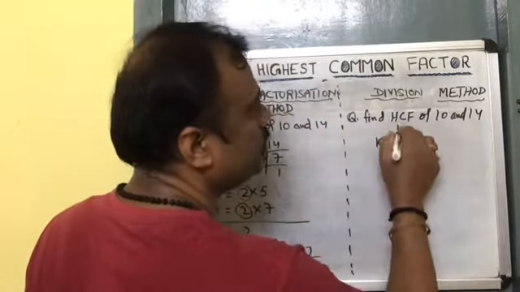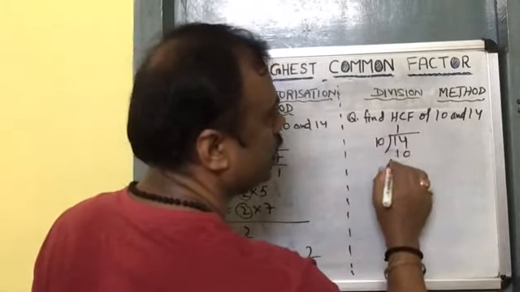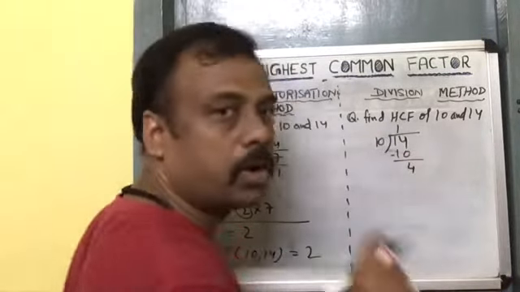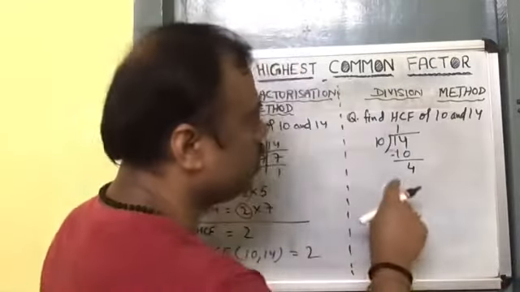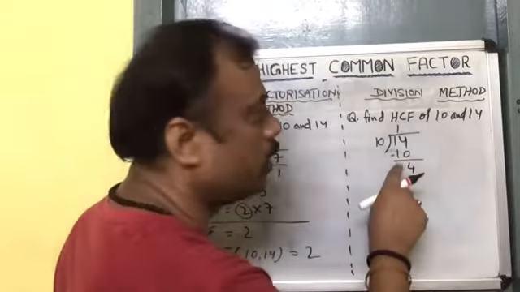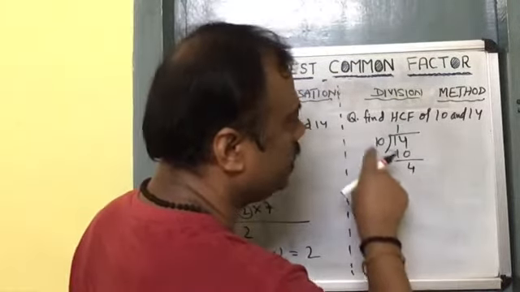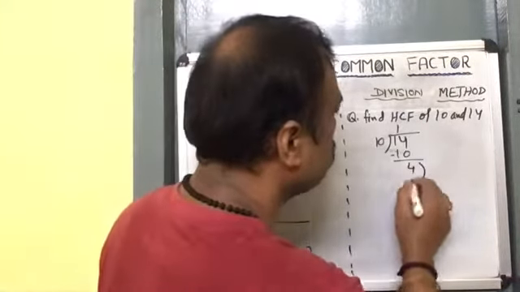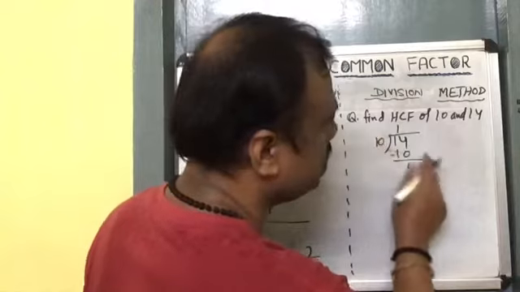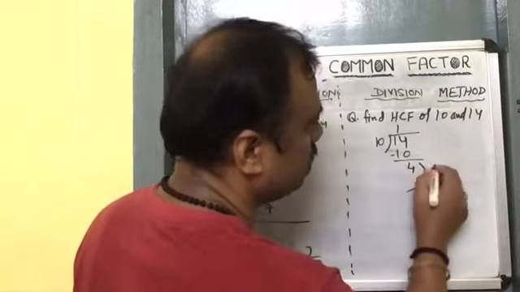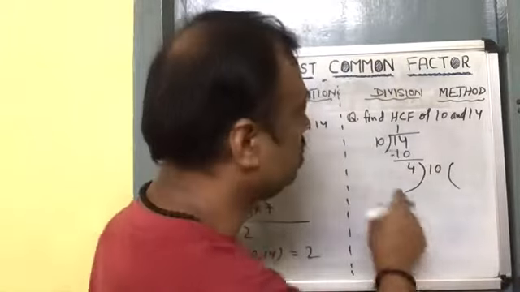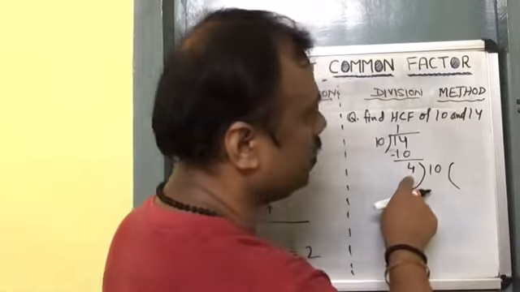How many times? It will come 1 time. So 10, and what is the remainder? 4. Now here you have to be very careful. Now we have to divide this divisor by the remainder. So I will take this divisor here, and then again divide it with the help of the remainder.